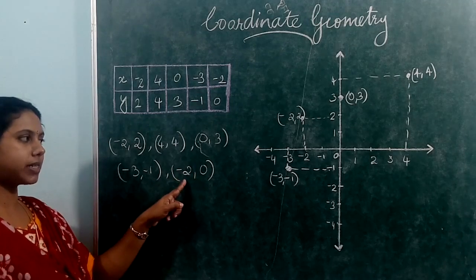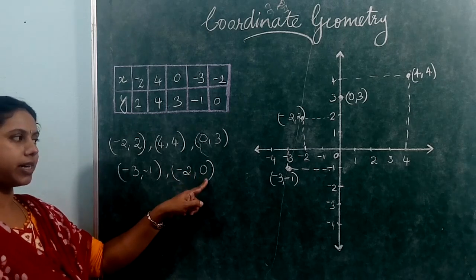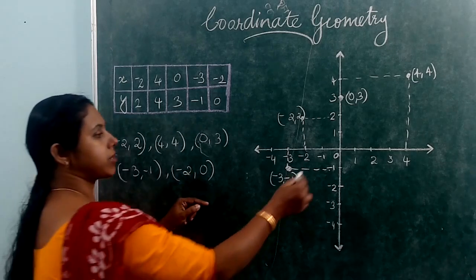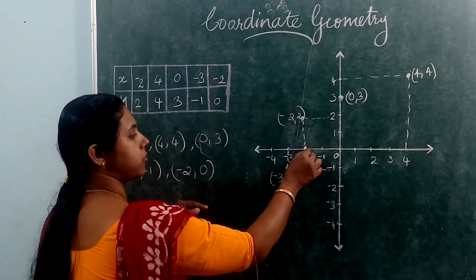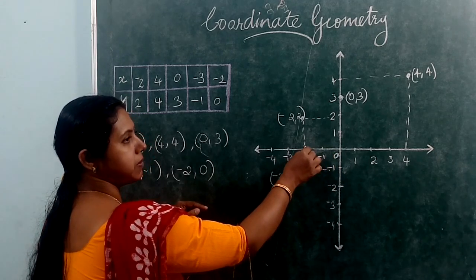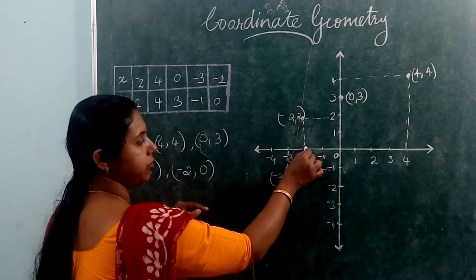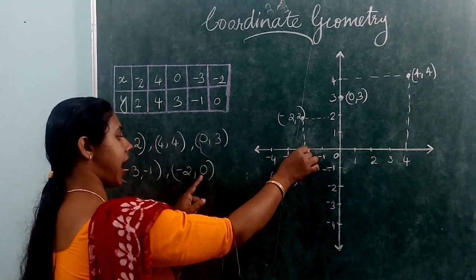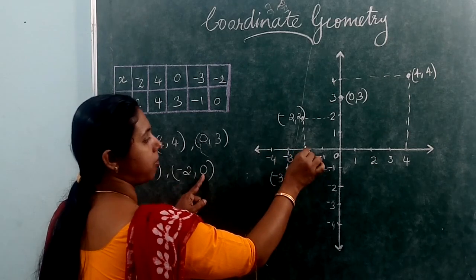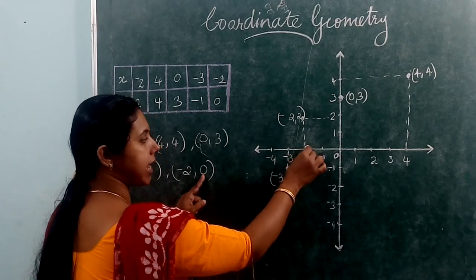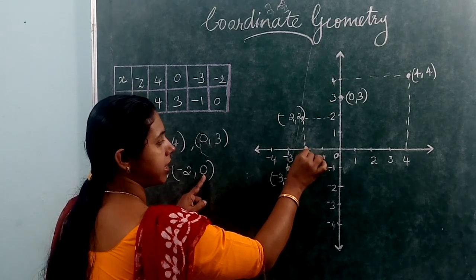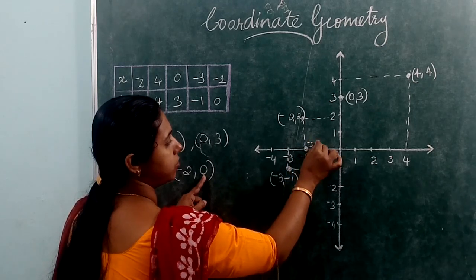The x coordinate is -2, the y coordinate is 0. The x coordinate means the distance from the y-axis to the point, that is -2, and the distance from the x-axis to the point is 0. So that point lies on the x-axis itself. This is (-2, 0).